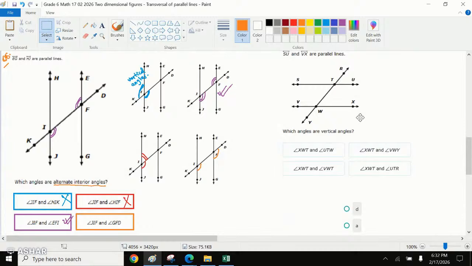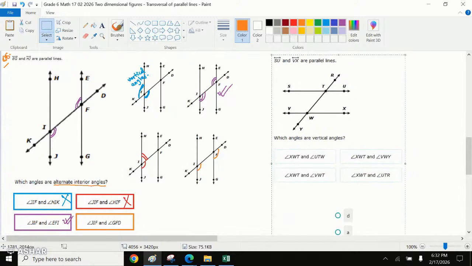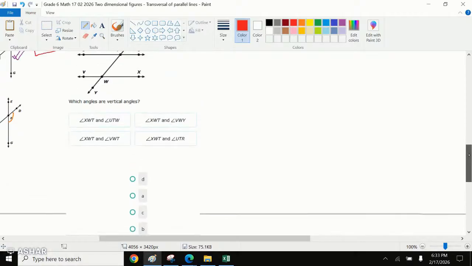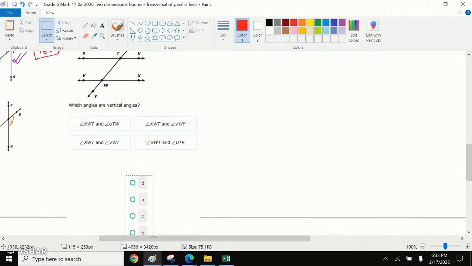Let's see. If these are the four options given to us, A, B, C, and D, this is question number 1 from the test. And it says, okay, let's just pick which option is correct.